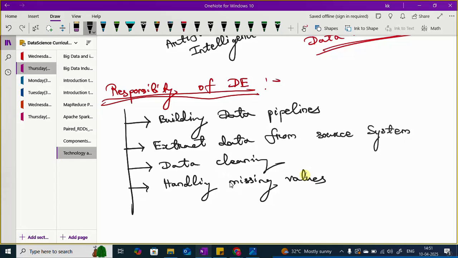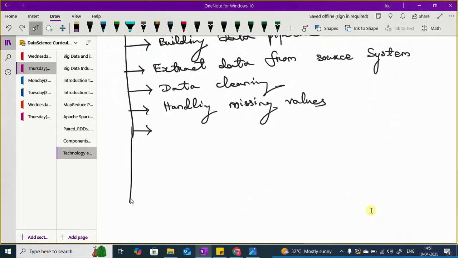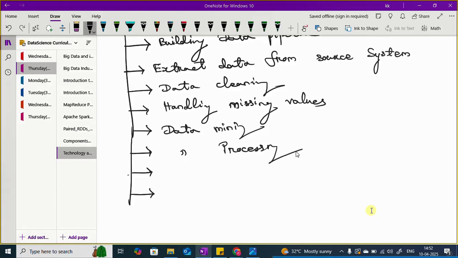Handling missing values, data cleaning, data mining, data pre-processing, ETL part.